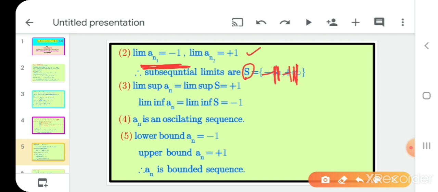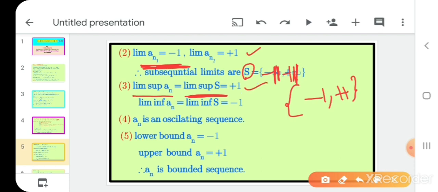Next, third one. Limit supremum of AN. What is the formula of limit supremum? Limit supremum of a sequence is equal to the supremum of capital S. What are the elements in capital S? Minus 1 comma plus 1. Then what is the supremum? Maximum value is plus 1.